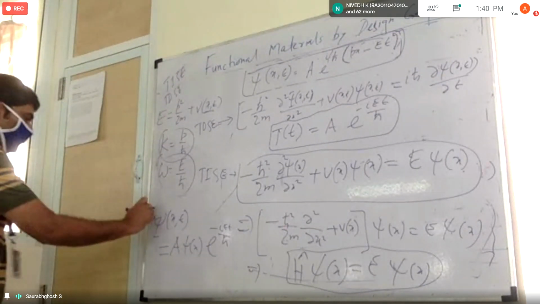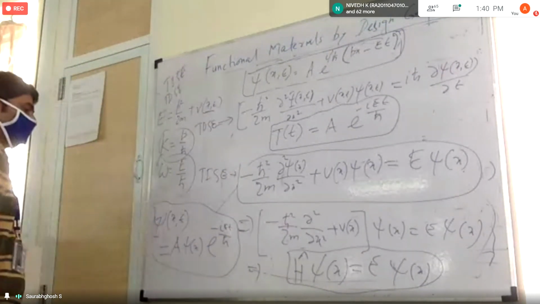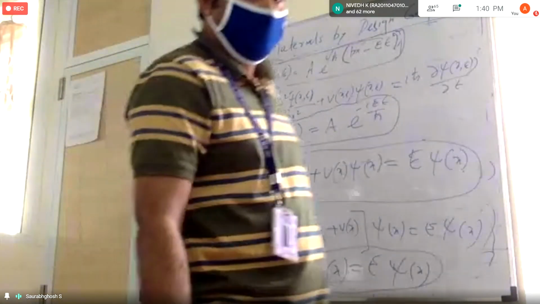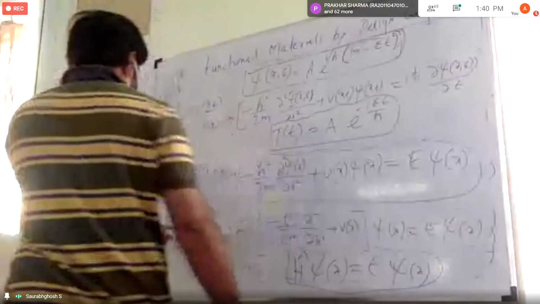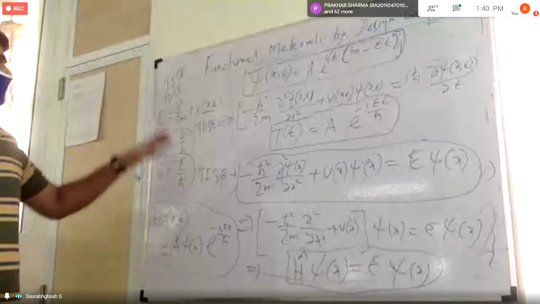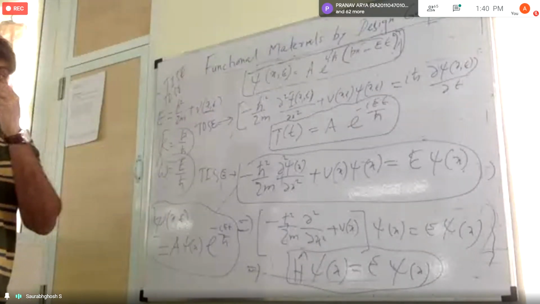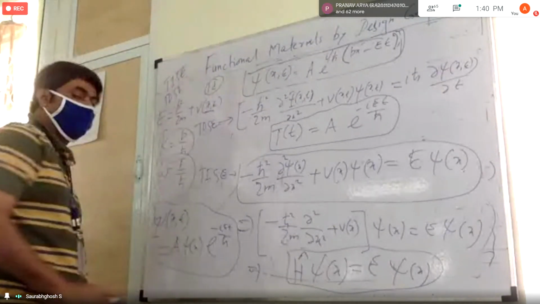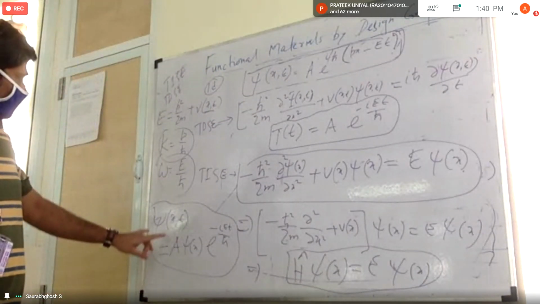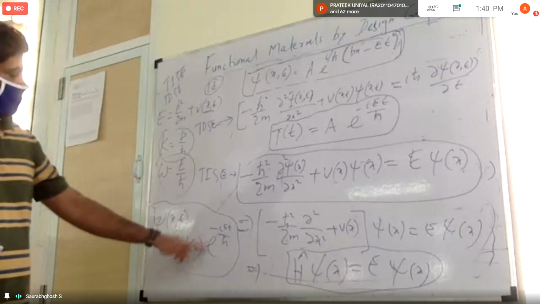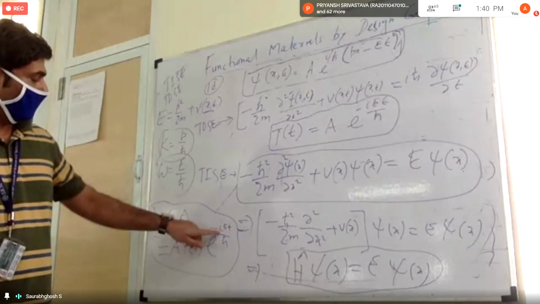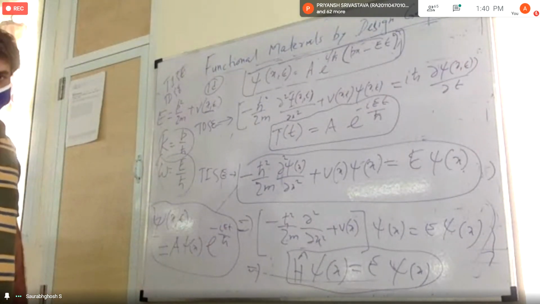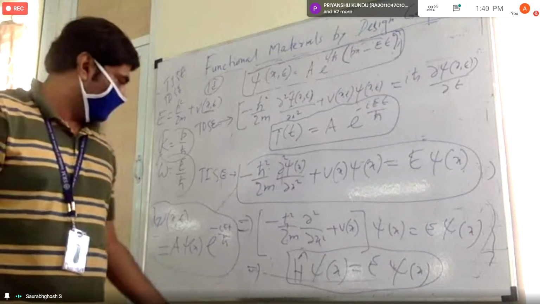This is the solution of the total wave equation, the total wave function having both space x and time t part. Here we are considering only one dimension, that's why it's x. So you have the 1D Schrodinger wave equation. That is psi of x e to the power minus iEt by h cut. Right? And that is how you solve.